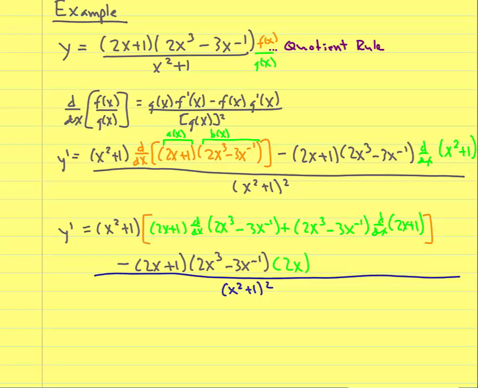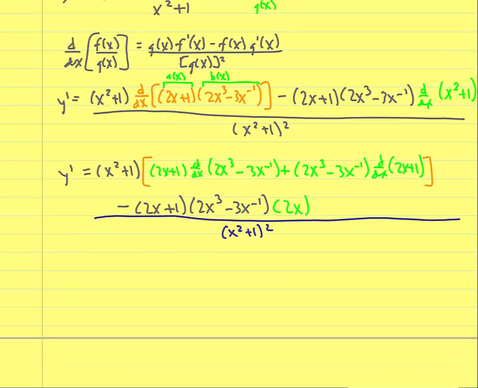So we still haven't really taken the derivative because I just have notation setups for a lot of this. So let's go to our next step, and again it might get a little bit worse before it looks any better. Here's that x squared plus 1. Now in parentheses here I have my 2x plus 1. Now the derivative of 2x cubed is going to be 6x squared.